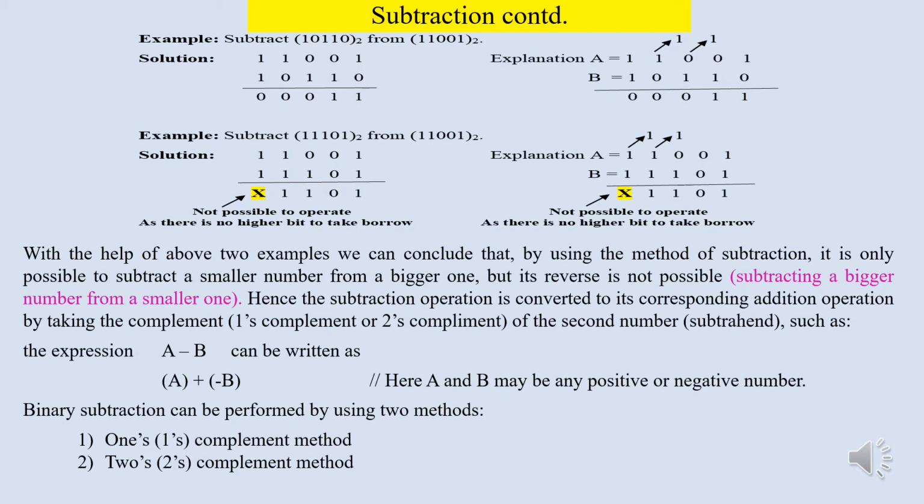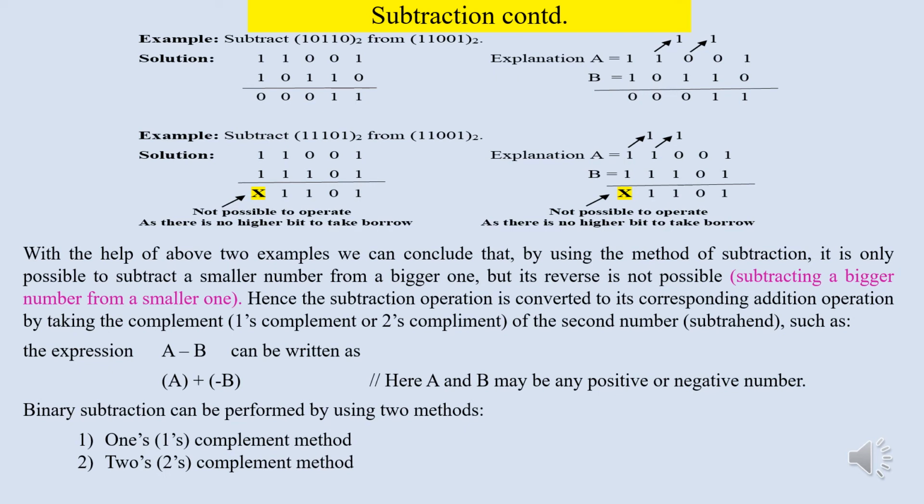Hence, the subtraction operation is converted to its corresponding addition operation by taking the complement, that is 1's complement or 2's complement of the second number, that is the subtrahend, such that the expression A minus B can be written as (A) plus (minus B). Here A and B may be any positive or negative number.